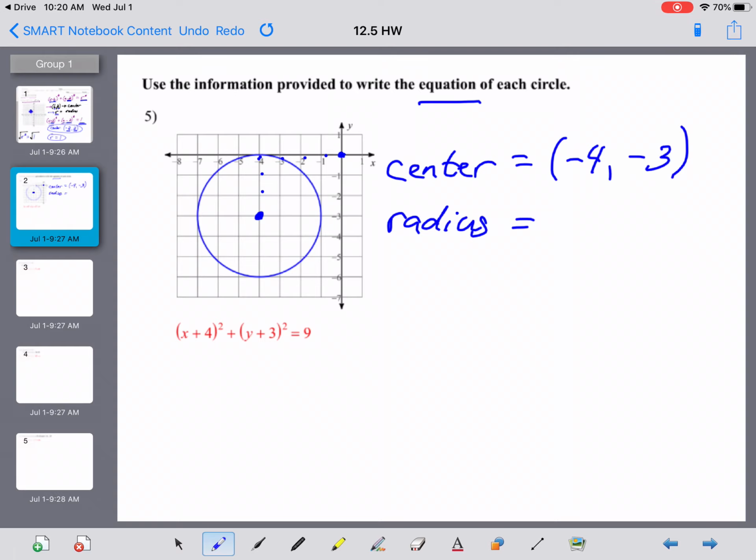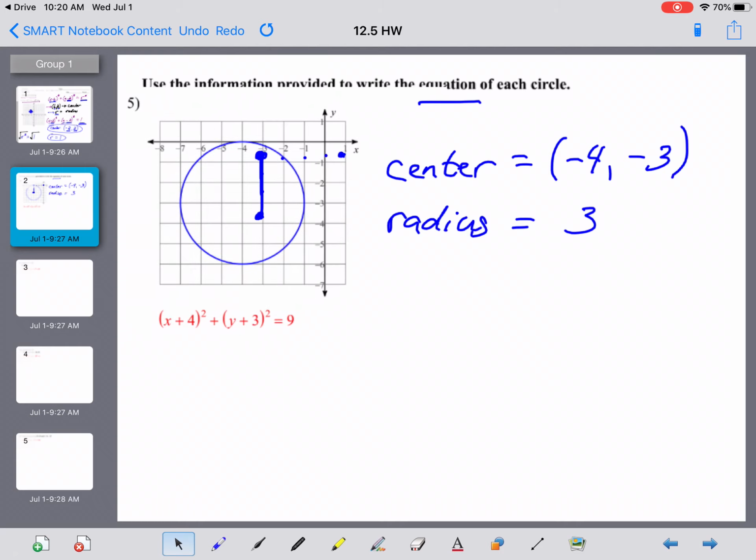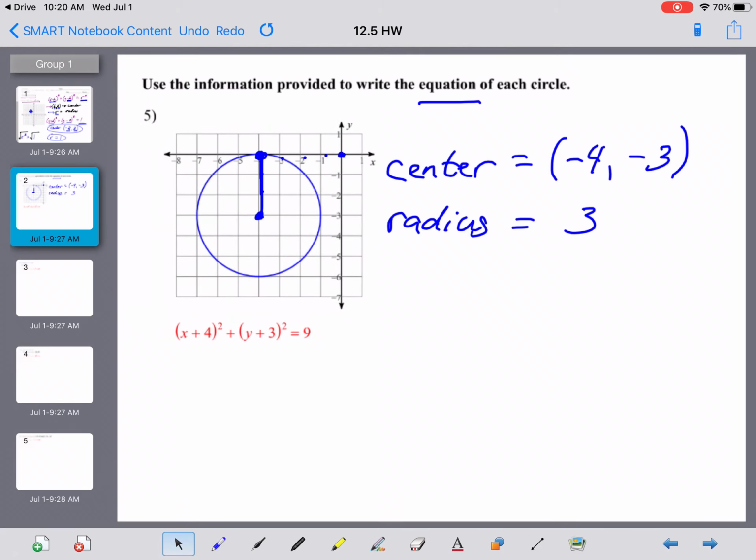And the radius is the distance from the center to any point on that circle. Probably easier to measure that straight north or south or east or west. You don't want to have to do something like this and do the Pythagorean theorem on that. So that segment that I just drew right there is 3 units long. So now that we know our center and our radius, what we actually know is the values of the 3 variables.